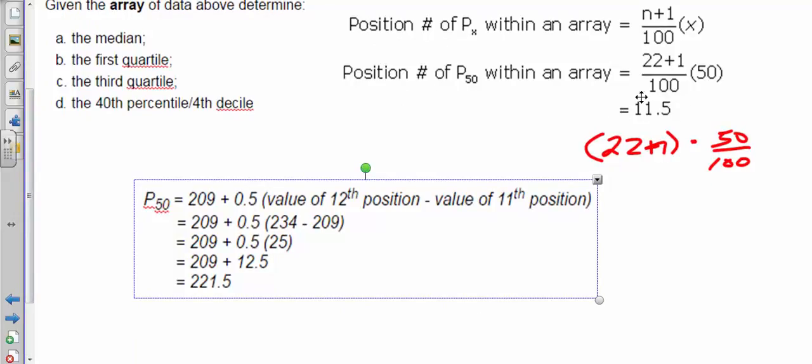So my position is 11.5. Position 11 is right here, and I have to go 0.5 of the distance between the two positions 12 and position 11. So 50% of the way between positions 12 and 11. So I find that there's a difference of 25 there. That means I have to go 12 and a half past the 209 to 221.5.